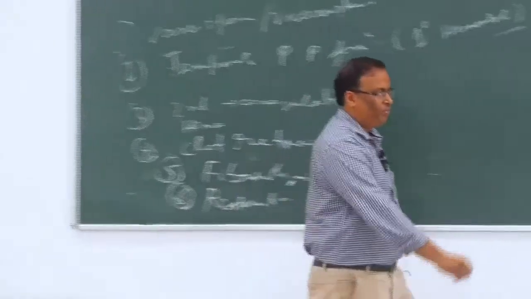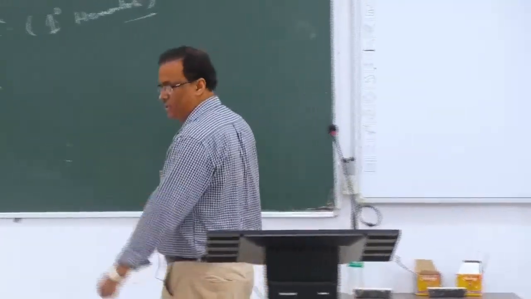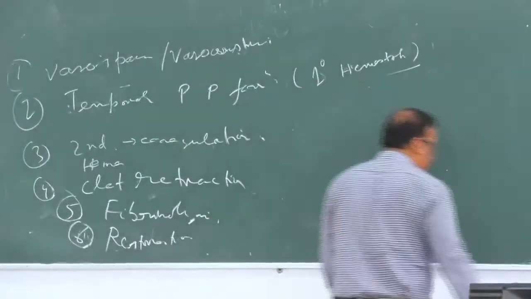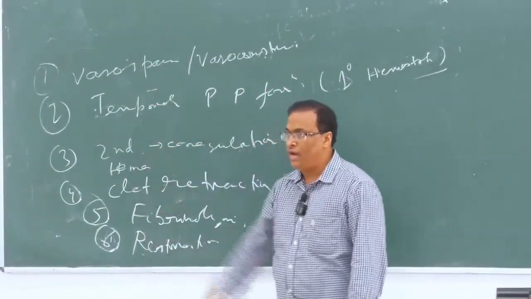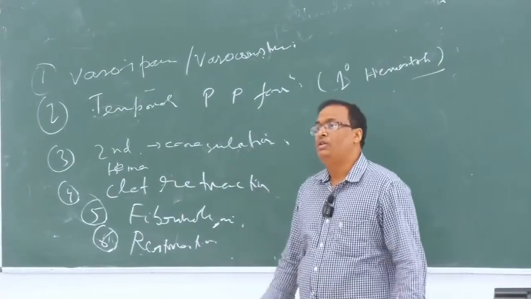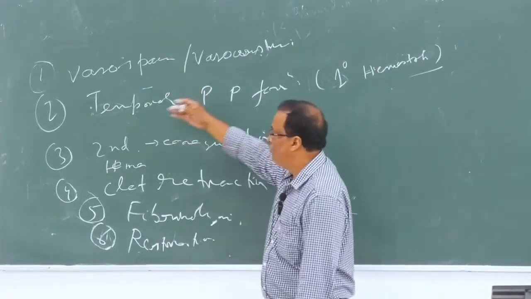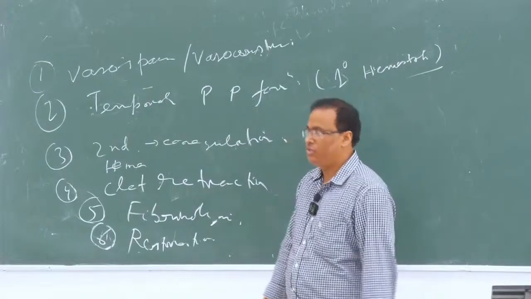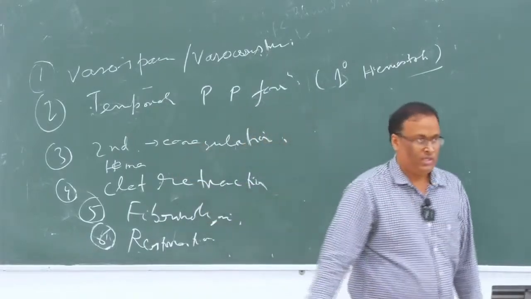It will take time. If time permits, I will finish. Points, 6 points, 4 points you can, but never miss three things. One is vasospasm, another is temporary platelet plaque formation, and third one is the coagulation cascade.